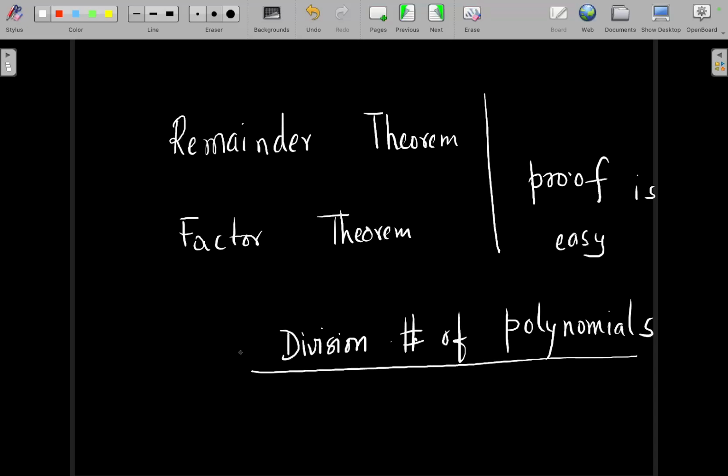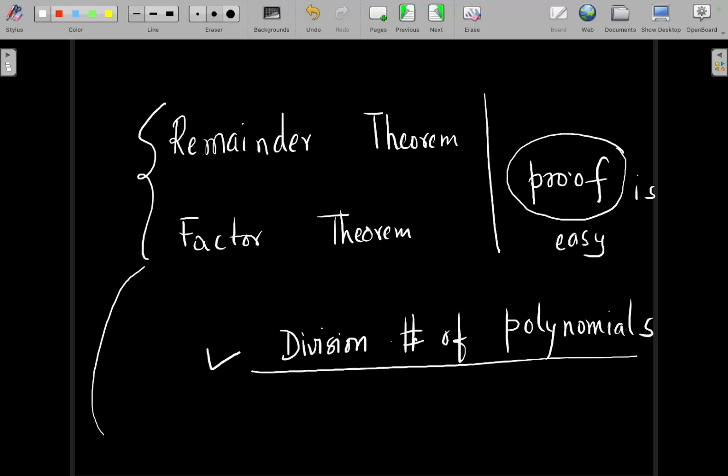We will not only give the proof of these two theorems, and all you need is the division of the polynomials. And then, like I said, if you want to really go through this slowly from a book, you must get hold of the old textbook, and your teachers may help you with getting the textbook from the library.